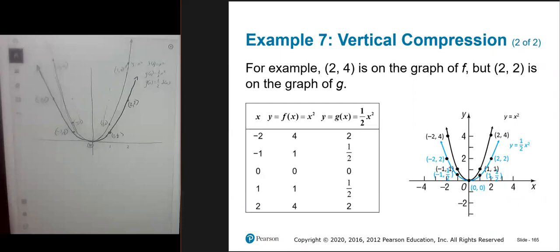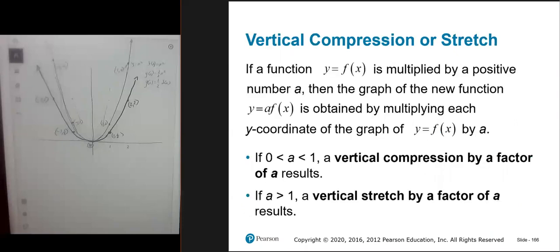Now, vertical compression and stretches. Here's a summary of what we're dealing with. A function f of x is multiplied by a positive number a. The graph of the new function a f of x is obtained by multiplying each y coordinate by a.